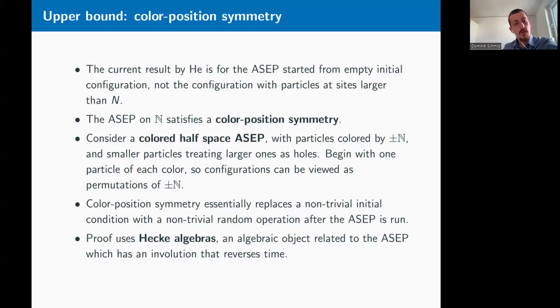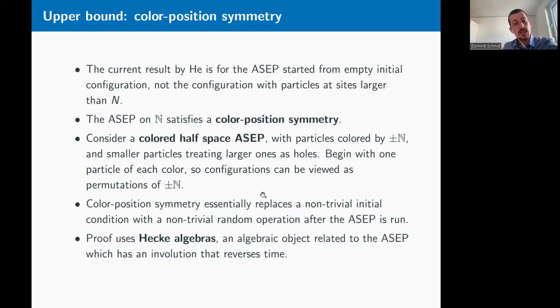In order to make that work, you have to go to the colored ASEP. Think of it again like the interchange process, where all the particles have labels, but we're not just swapping labels: at rate 1 you sort the labels, and at rate q you reverse sort the labels.